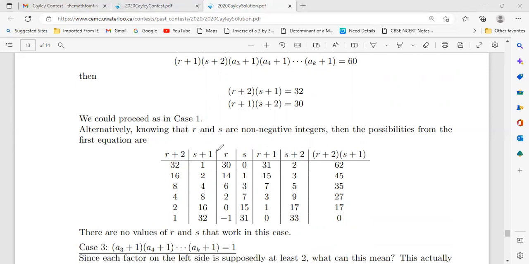So R plus 2 can be expanded as R and R plus 1. And for S plus 1, you can also write S and S plus 2, because here also you do have S plus 2 and R plus 1. So you're just kind of including all the terms here, because you're just going to find all the possibilities, okay? Which is why you are writing all of them.